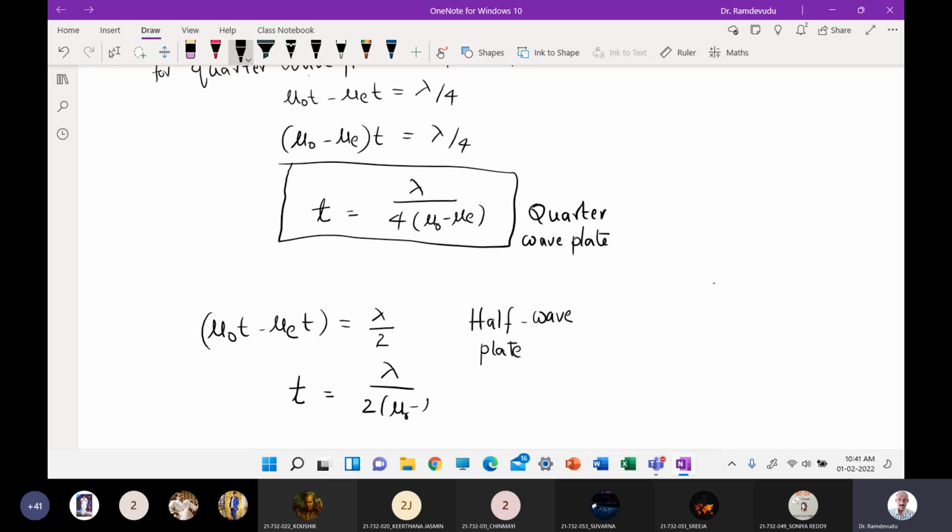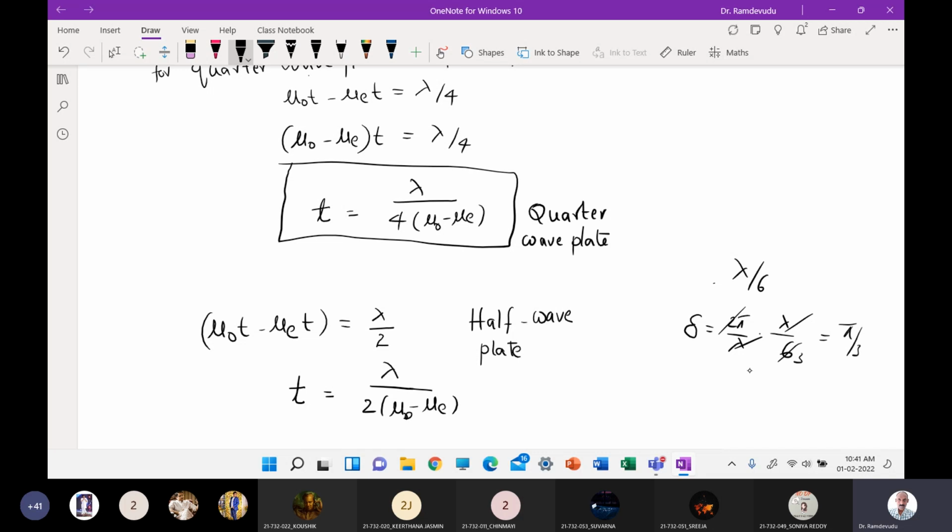Yes. Now, by using this logic, you can create any wave plate, not only a quarter wave plate or half wave plate. Because suppose you want to make a lambda by 6 plate, can you do it? For lambda by 6, delta is equal to 2 pi by lambda into lambda by 6. Lambda gets cancelled, this goes 3, then I get pi by 3.